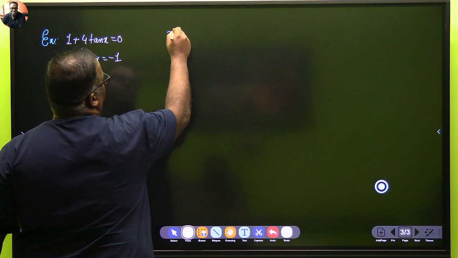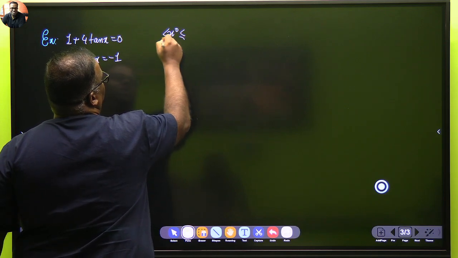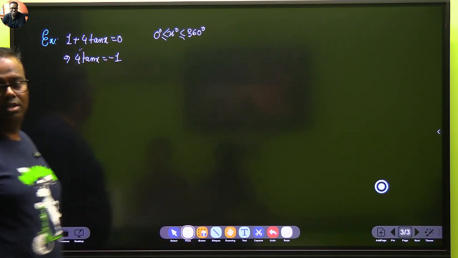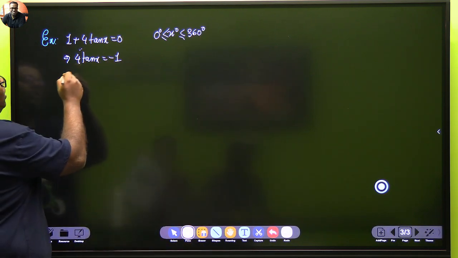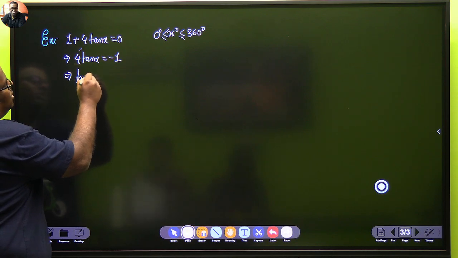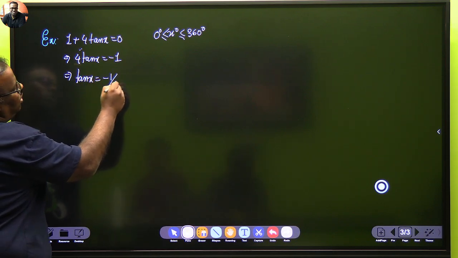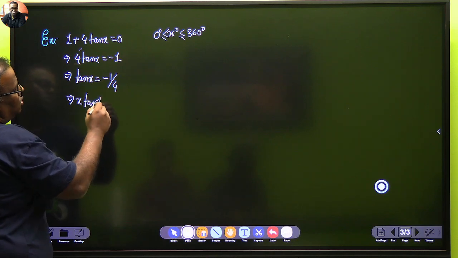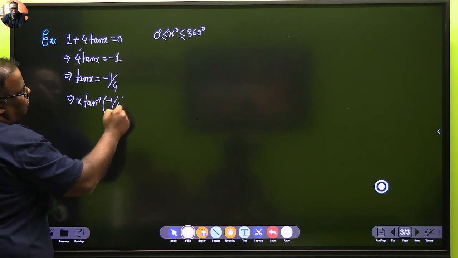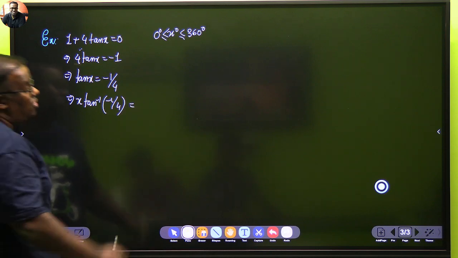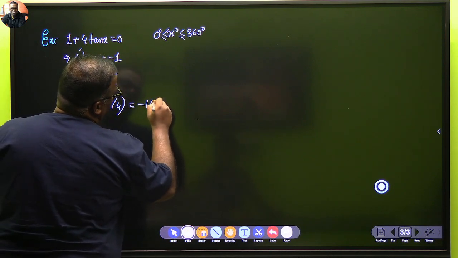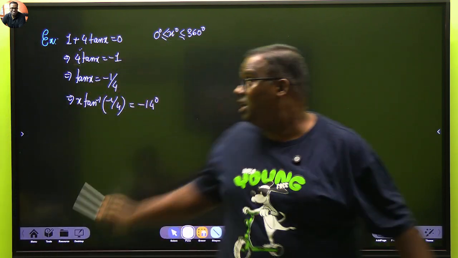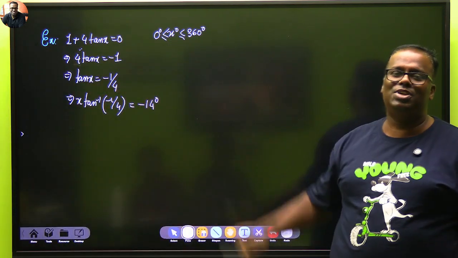So the x that you get should be between 0 degree to 360 degree. Clear? Now we have to solve this, so it is -1. So tan x is equal to how much? -1 upon 4. So x is equal to tan inverse of how much? -1 by 4. Give me the answer to 2 significant figures. How much? -14 degree. But Mr. Kirtan, you cannot write this answer because they have asked you that your answer should lie in the given range.